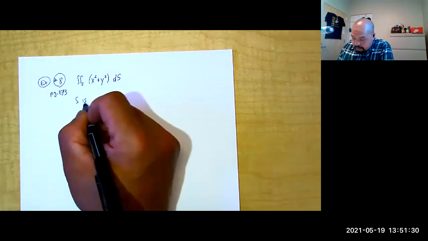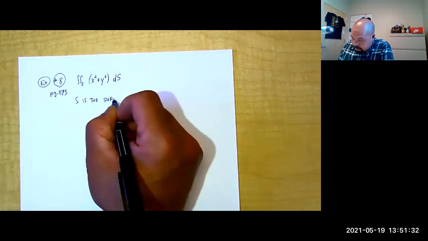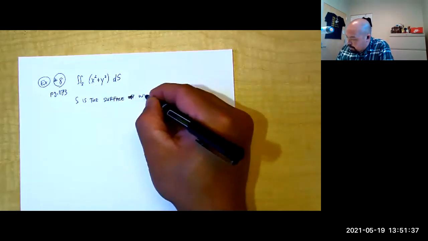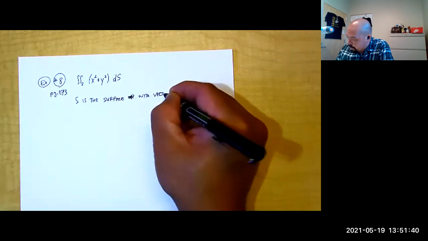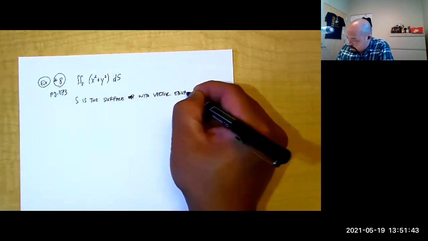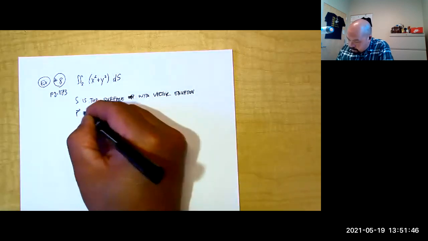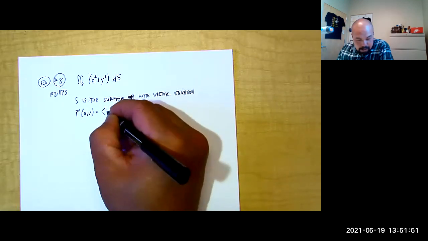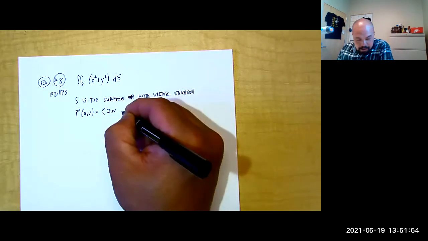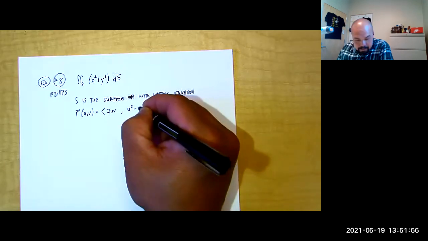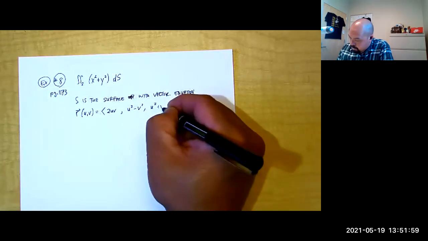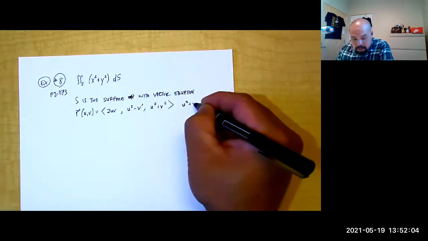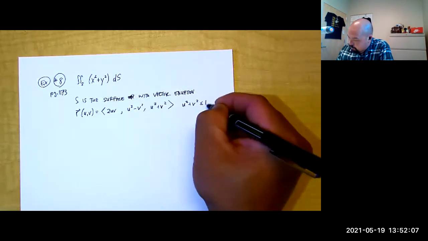And S is the surface with vector equation r of u, v is equal to <2uv, u squared minus v squared, u squared plus v squared>, where u squared plus v squared is less than or equal to 1.